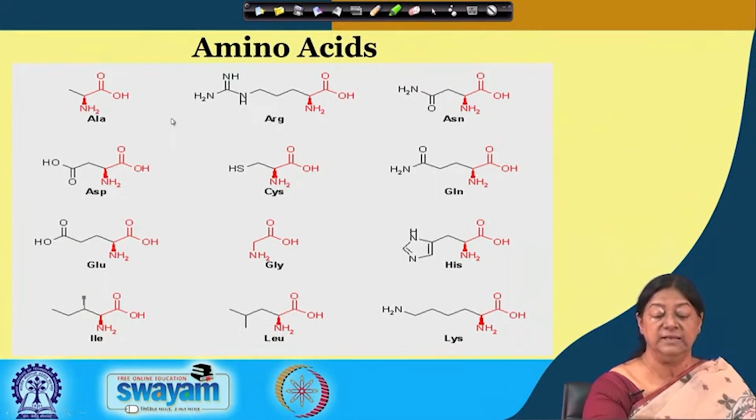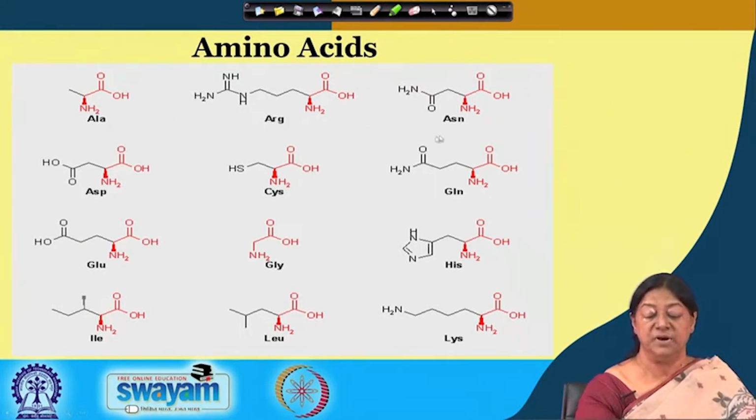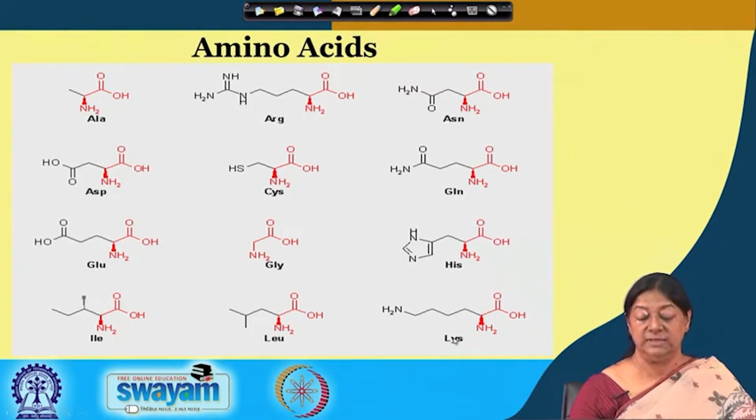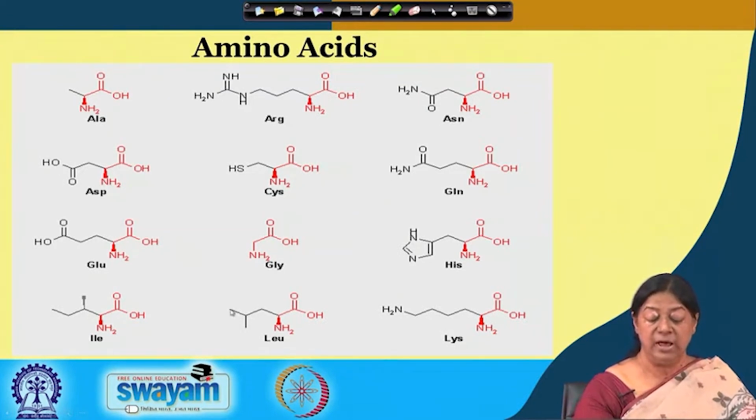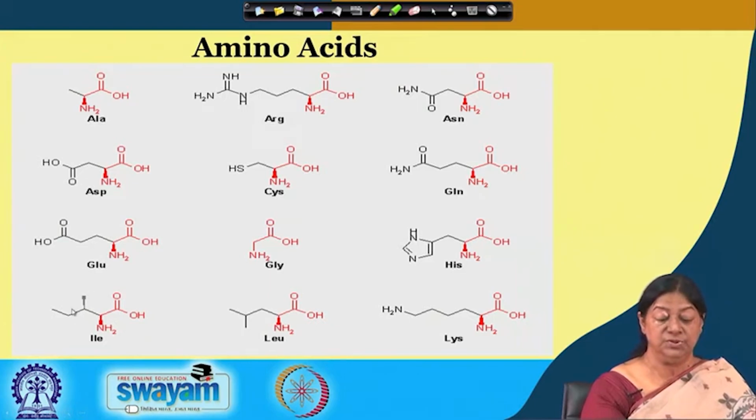So, this is alanine, this is arginine, asparagine, aspartic acid, cysteine, glutamine, glutamic acid, glycine, histidine, isoleucine, leucine, lysine. What you will notice here is that some of the amino acids have nitrogen and oxygen in their side chains. Some of them have only carbon and hydrogen: isoleucine, leucine, alanine.